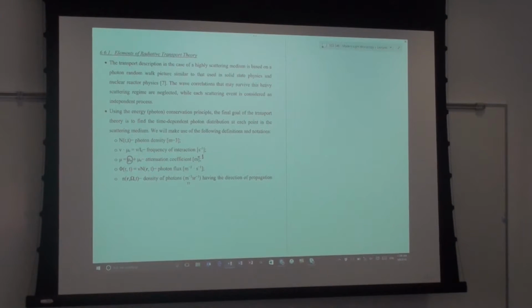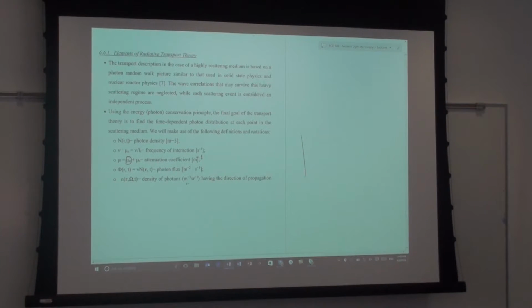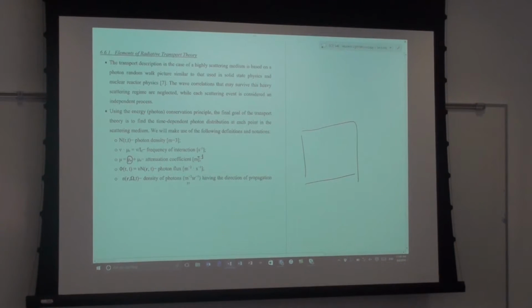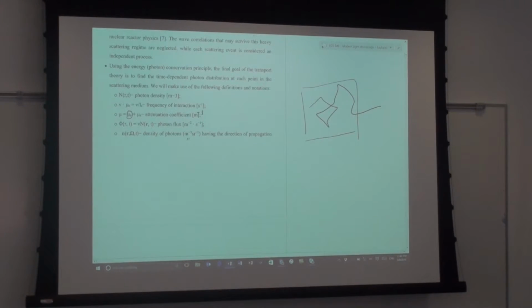But my question is slightly different. What happens if my absorption now is very, very high? So I have, let's say, a photon that goes like this, but now this will be in a low absorption medium. In a high absorption medium, what do I have? Very little scattering. So this thing now disappears, got absorbed.